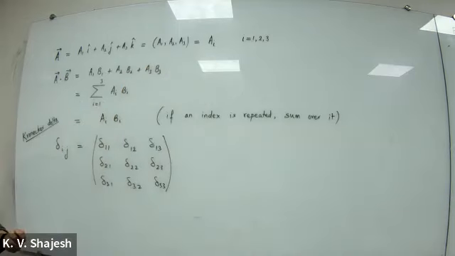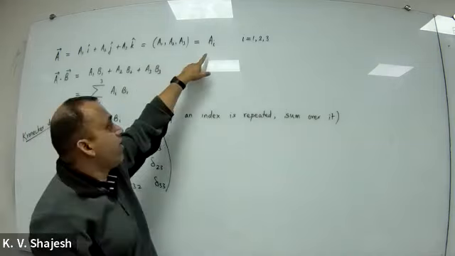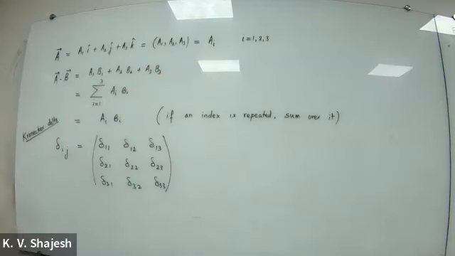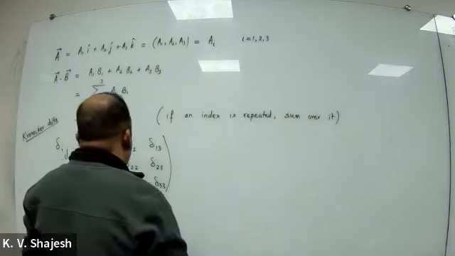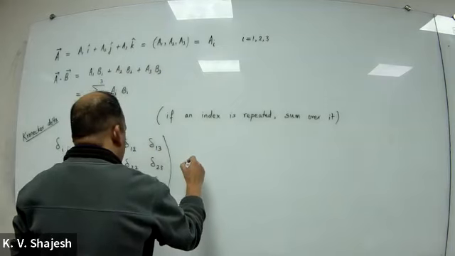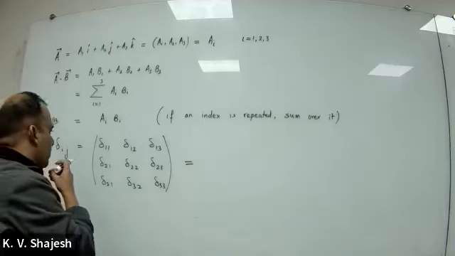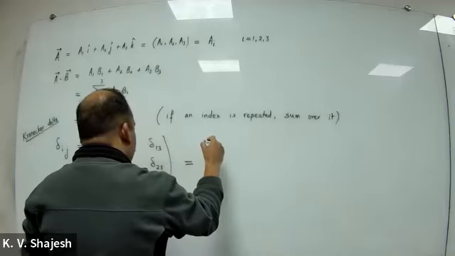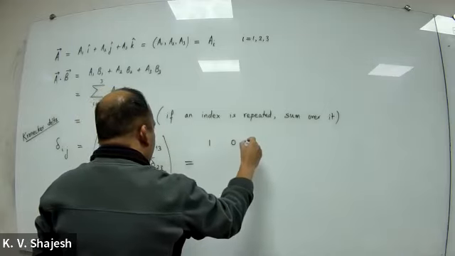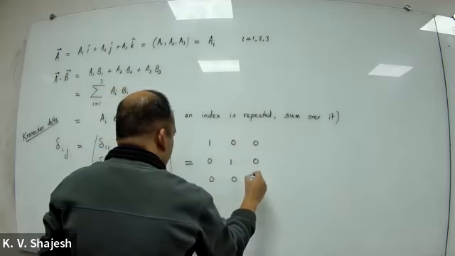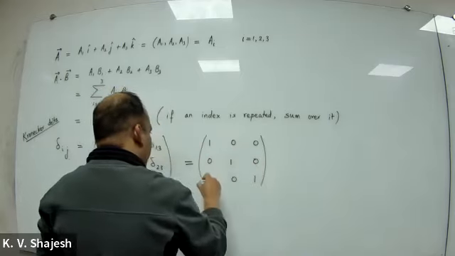If there is no index at all, you say it's a scalar. So a tensor of rank 1 is basically a vector, and a tensor of rank 2 is a Kronecker delta symbol. That's an example of that. In this case, we want to make this a constraint, the Kronecker symbol, in the sense that it is 1, 0, 0, 0, 1, 0, 0, 0, 1. That's basically the identity matrix.